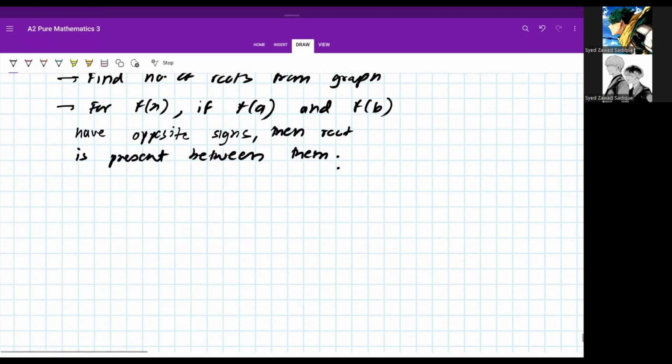So we can say a is less than alpha is less than b.